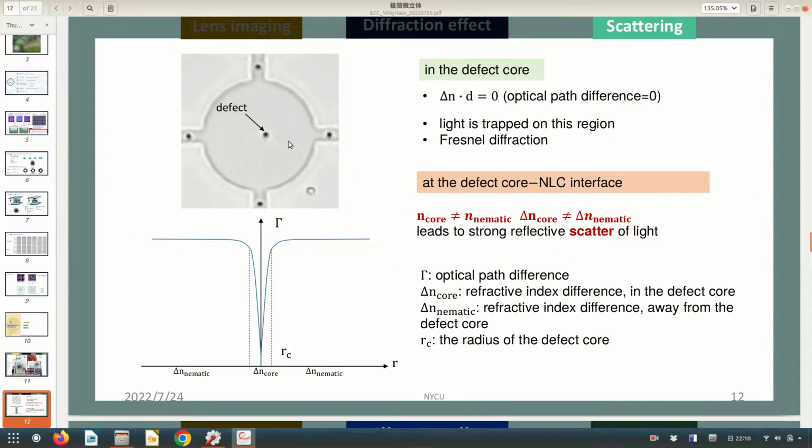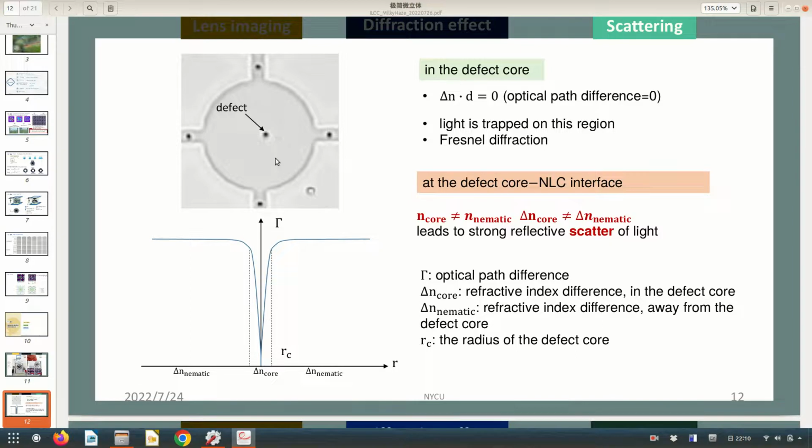So this is the position of a defect under an optical microscope. When the liquid crystals are at the core of the defect, they are taking a lot of pressure, so they will melt and turn from a nematic state into an isotropic state.